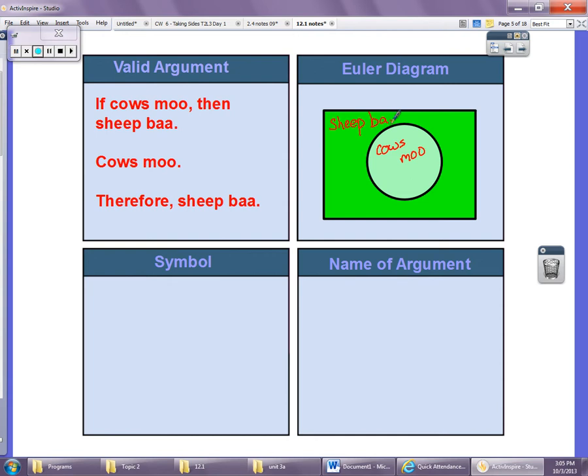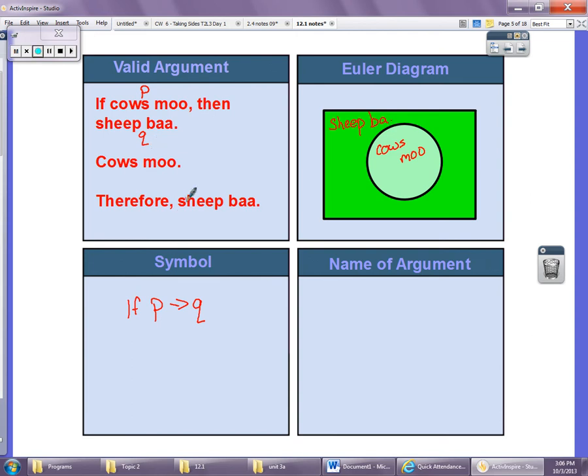So if cows moo, then sheep baa. Well, if P, then Q. So our P is the if cows moo. The Q is the sheep baa.